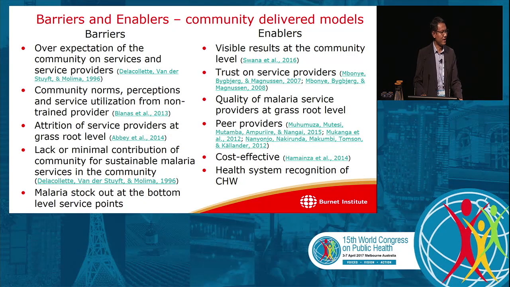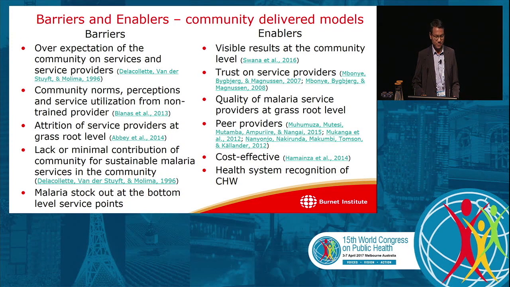This is a demand and supply issue. The other barrier is community norms, perception and service utilization. Although we try to deploy community health workers at the village or grassroots level, there are still community norms and perceptions that tend toward using non-trained providers like quacks or village touts.